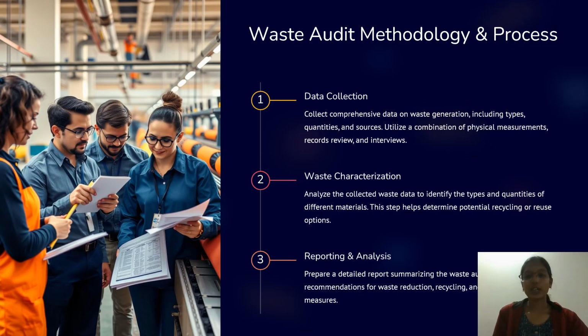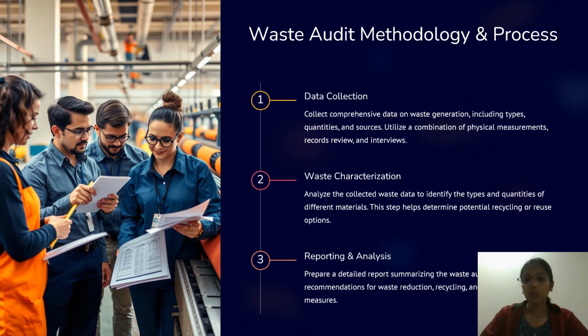Then I have waste audit methodology and process. How is waste audit data collected and what is its process? Data collection. Collect comprehensive data on waste generation, including types, qualities, quantities, and sources. Utilize a combination of physical measurements, records review, and interviews. Waste characterization.